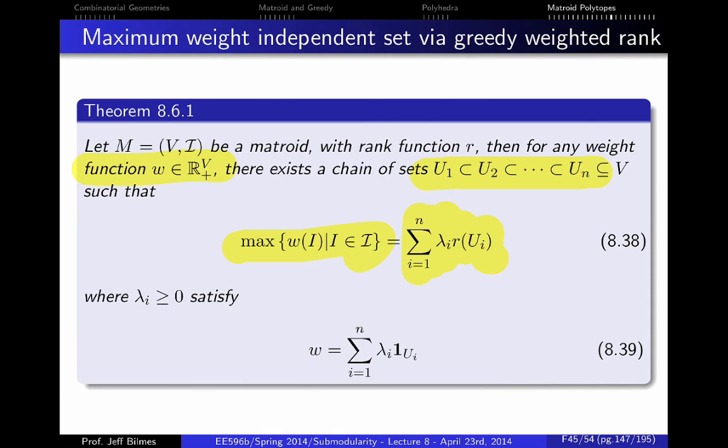Okay? Moreover, the way that we get these non-negative weights is that the weight vector is expressed as the sum of the correspondingly weighted characteristic vectors of the elements of the chain on which the rank function is evaluated.